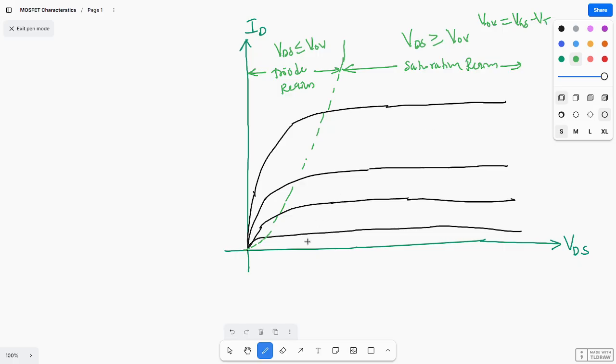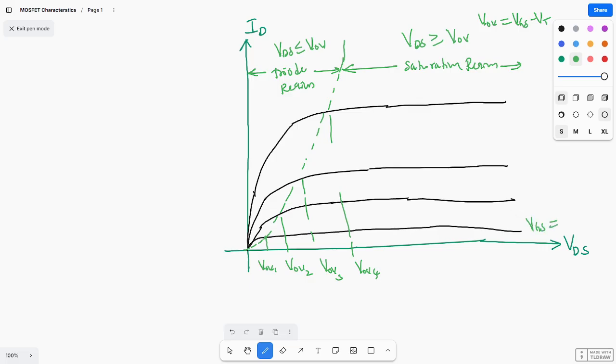So let us take this as VOV1, this as VOV2, this as VOV3, and this as VOV4. As I told you, in the saturation region the drain current is nowhere depending on VDS. What affects the drain current is VGS, for different values of VGS.